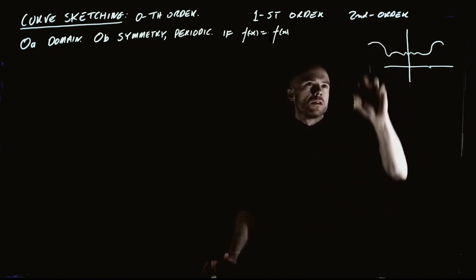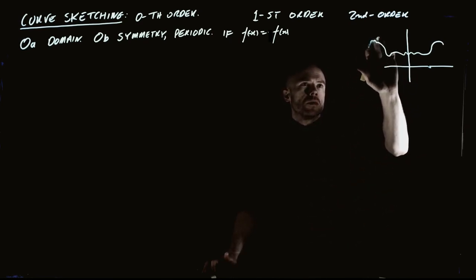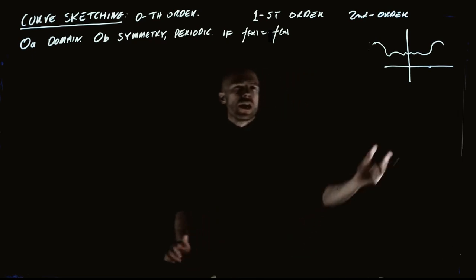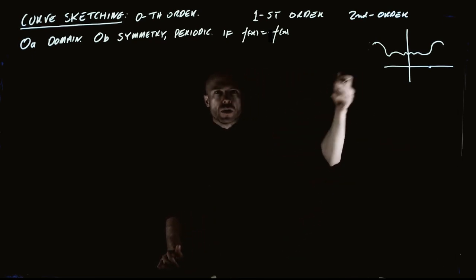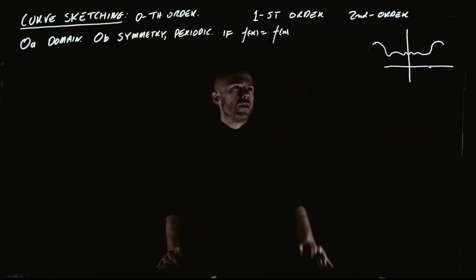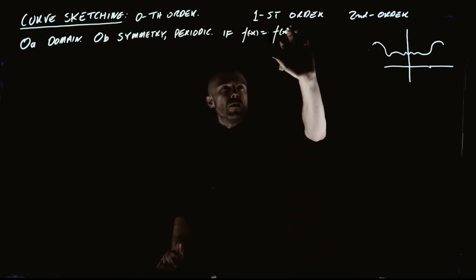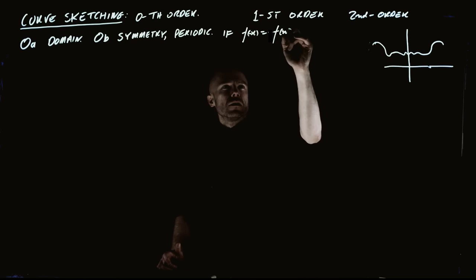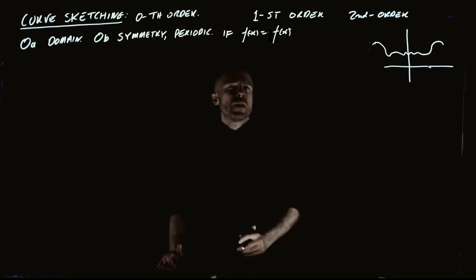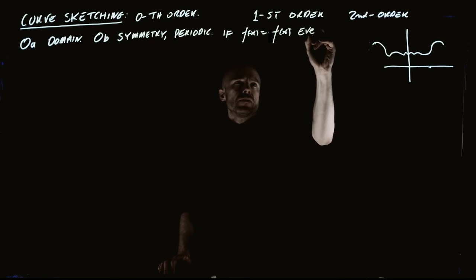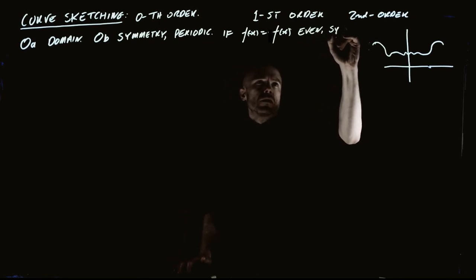Okay, that's not a very good picture, but you know what I'm trying to do. So it's symmetrical across the y-axis, and we only need to figure out what's happening across one side because the other side is just immediately copyable from the side that we figured out. So this is called an even function or symmetric.